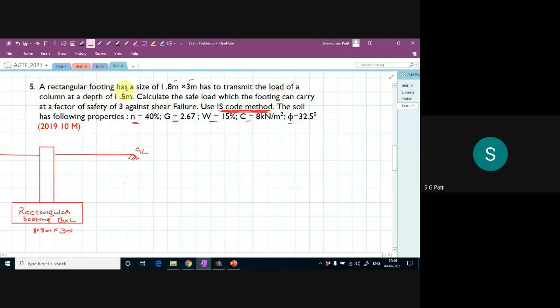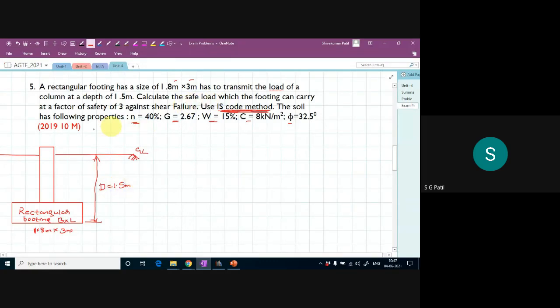A rectangular footing has to transmit a load of a column at a depth of 1.5 meter. Okay, so what is the depth of foundation here? This is the depth of foundation, 1.5 meter.